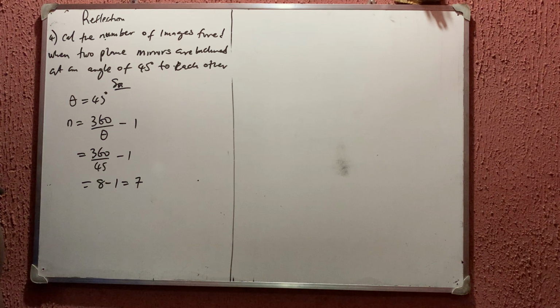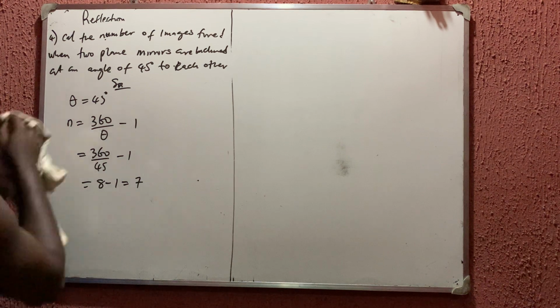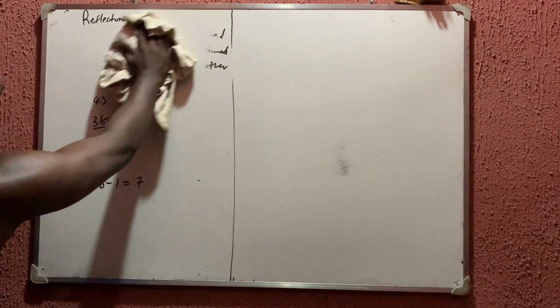Kaleidoscope. A kaleidoscope is when the two mirrors are inclined at an angle of 60 degrees. So tell me how many images are formed in a kaleidoscope. I need you to do that and tell me in the comment section. It's a very simple calculation. So we move to the next question.